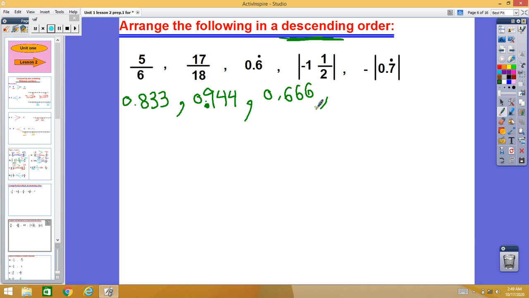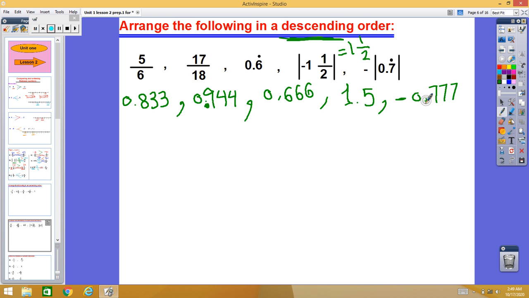So absolute negative 1.5 will be equal to 1.5. The last one, if we have negative absolute recurring decimal 0.7, it will equal negative 0.777. We will write only 3 decimal places.